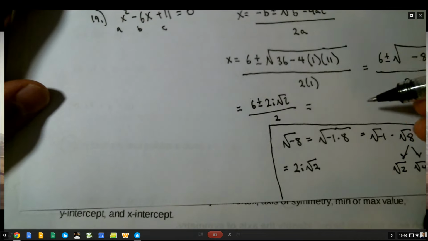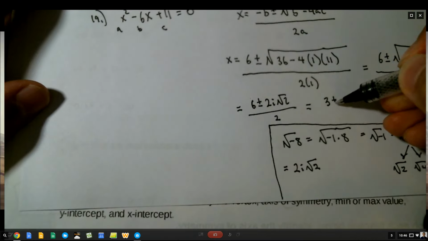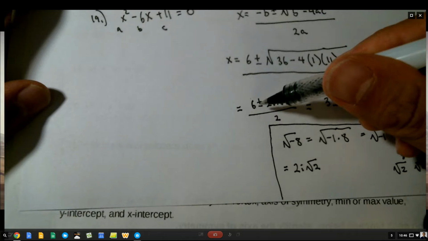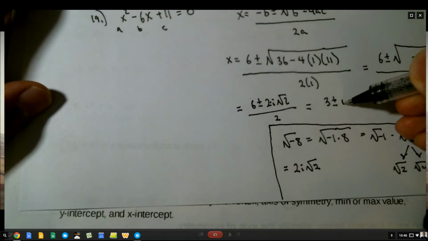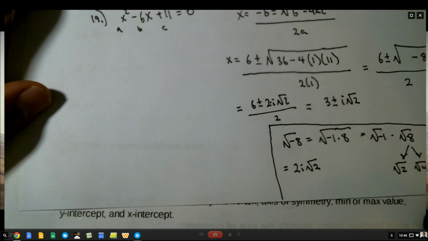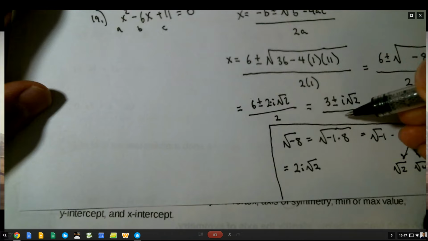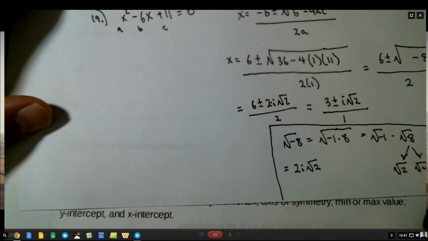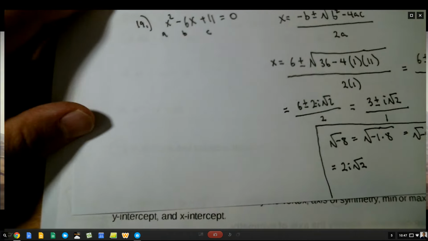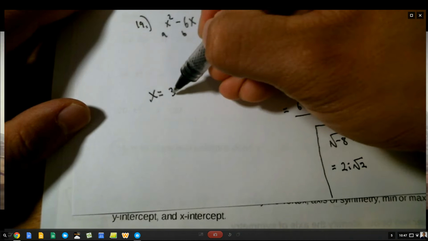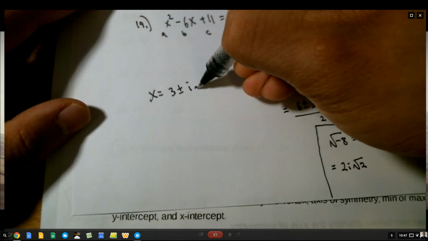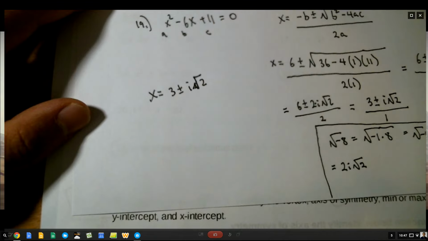If we do that, we get 3 plus or minus, because 6 divided by 2 is 3. 2 divided by 2 is 1. So I'm just going to put i square root of 2. So my full answer here will simply be x is equal to 3 plus or minus i square root of 2.